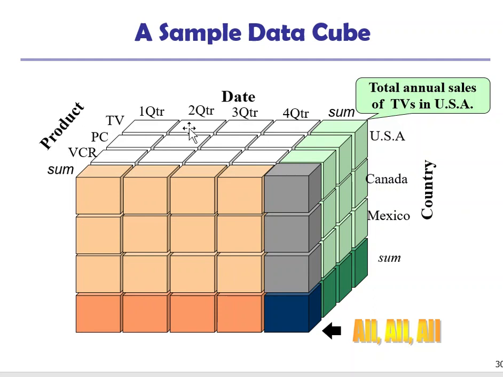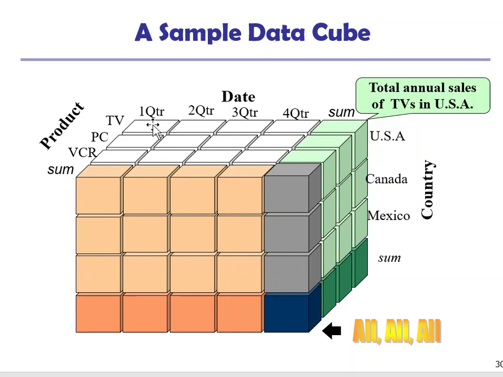We're going to have the bottom, which is not shown. So we have aggregated, no matter which country it comes from, we just compute on first quarter what the TV sale is, regardless of the country.